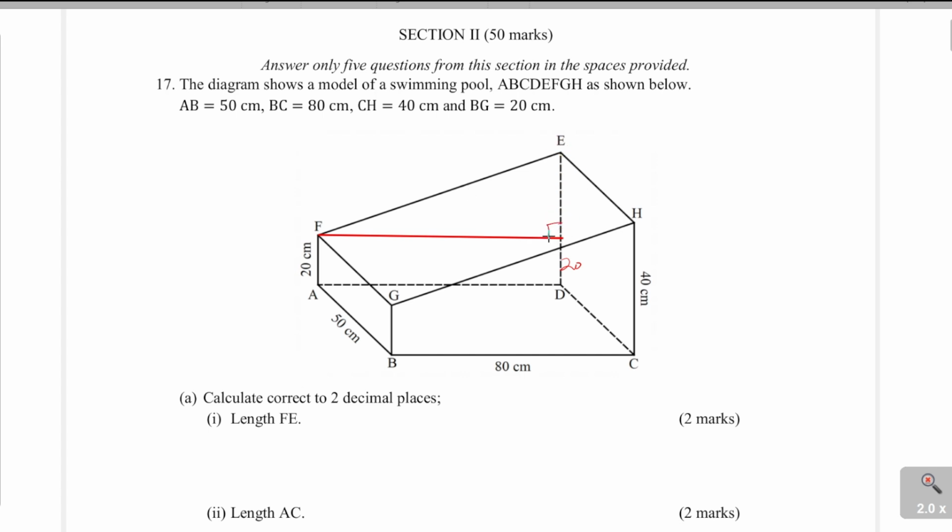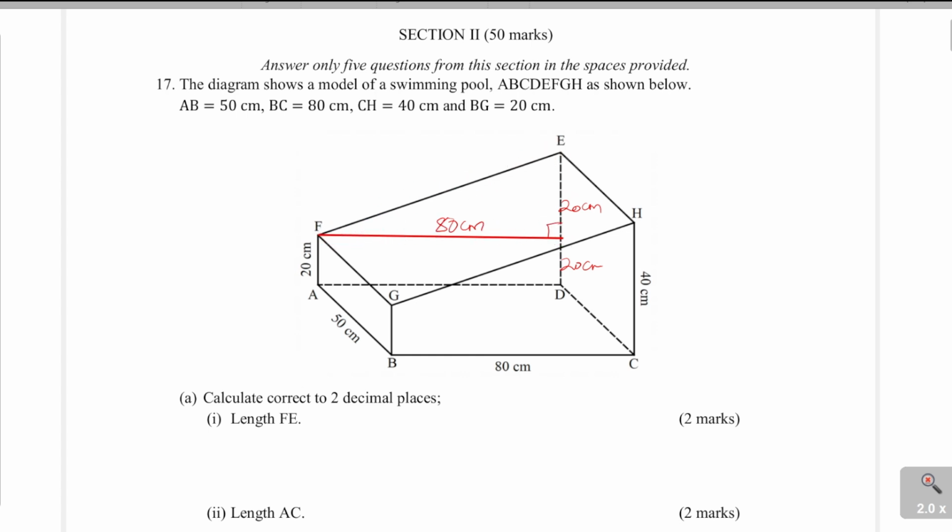And this will be 90 degrees. So now we have a right angle triangle. Then this length here, F to that point, is the same as this length, that is 80 centimeters. We can use Pythagoras theorem to get FE.